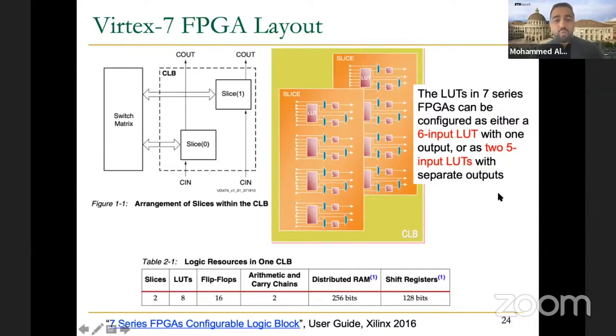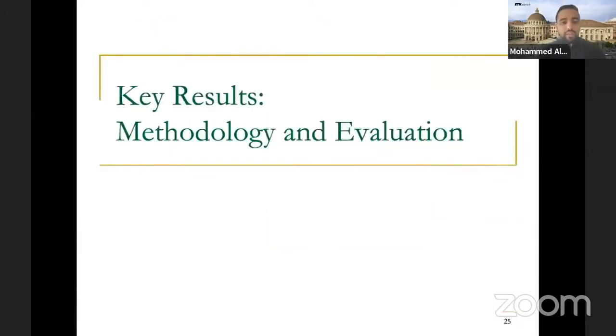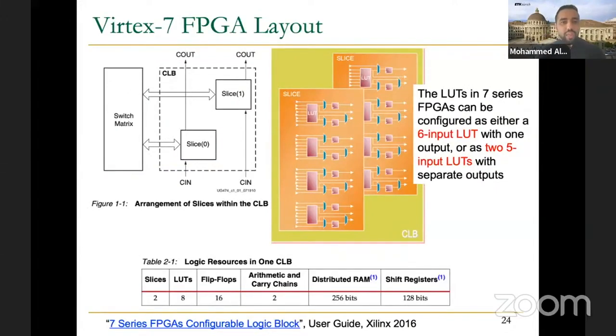That is why we chose this Virtex-7 family at that time in 2016. I think we started the implementation in 2015, and then we got the paper published in 2016, 2017. So that is for the FPGA implementation.